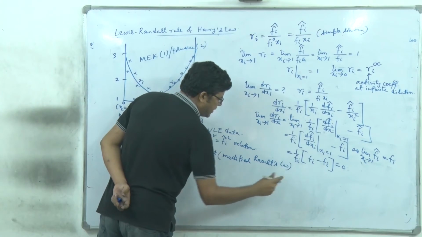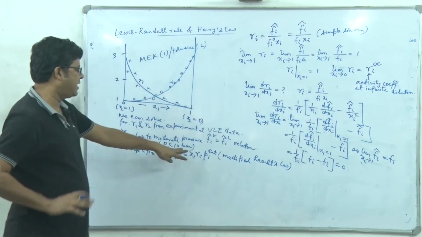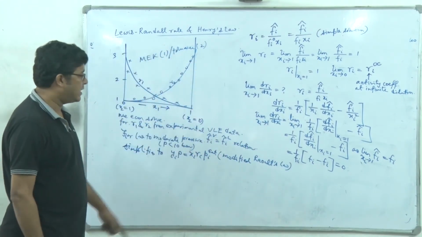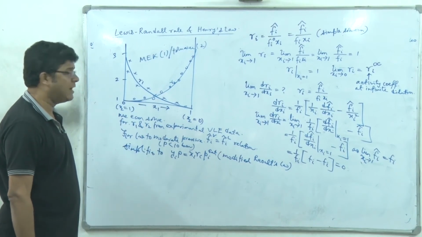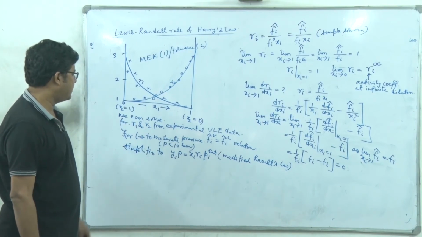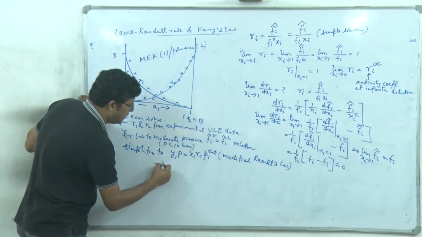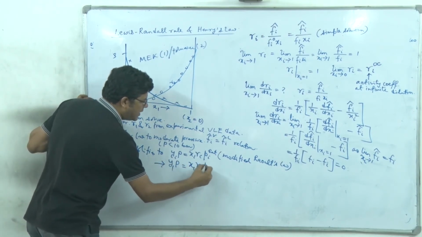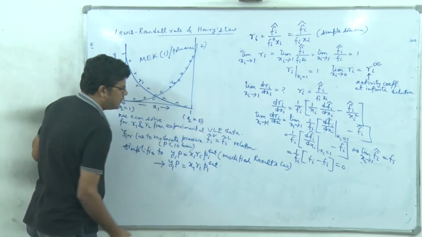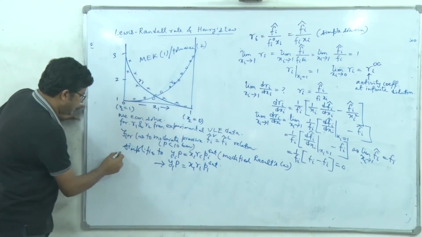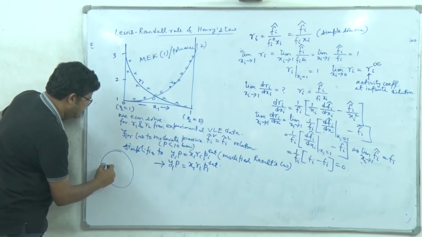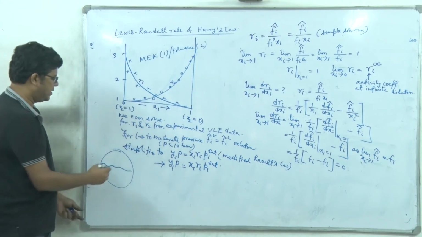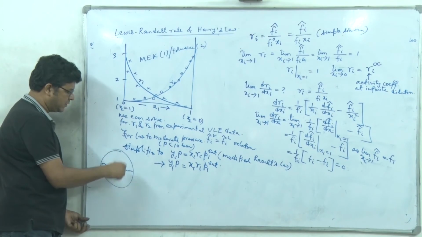Right. This will be discussed in module 3, but I am just taking an example in order to show you how from the VLE data we can have a measurement of gamma. Now for a binary system, y1 into P is equal to x1 into gamma 1 into P1 sat. So the VLE data means we are doing the equilibrium experiment, the vaporization experiment, in a closed container.